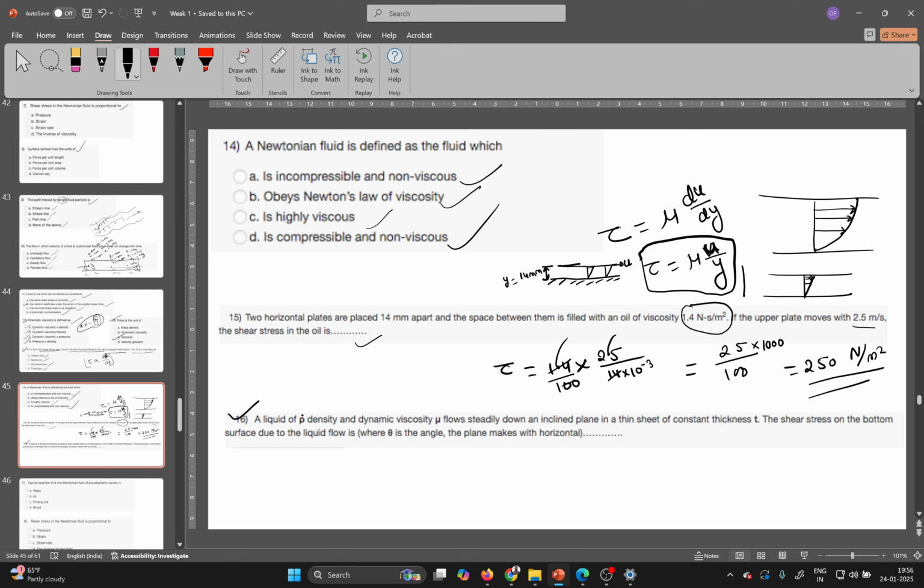A liquid of density rho and dynamic viscosity mu flows steadily down an inclined plane in a thin sheet of constant thickness T. The shear stress on the bottom surface due to the liquid flow is, so think please.